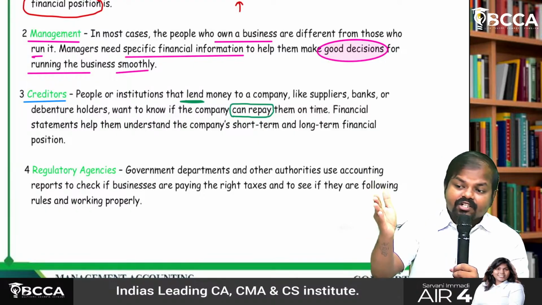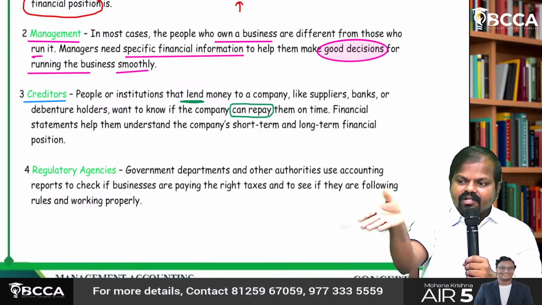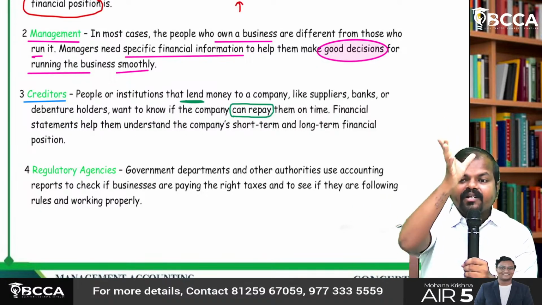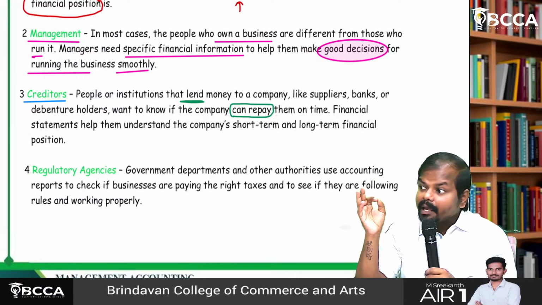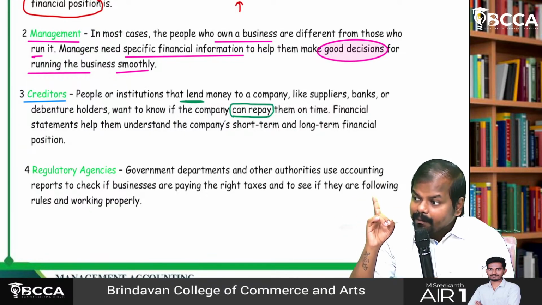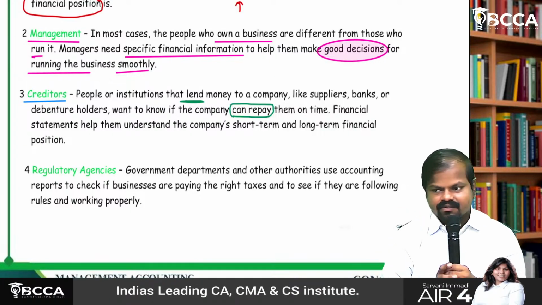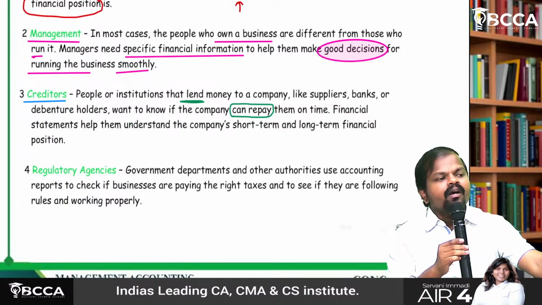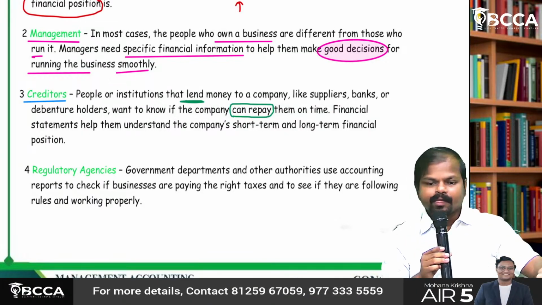What is the expectation of the management? There is no fixed expectation. Based on the situation, specific financial information is required. What is the creditor's expectation? Repayment capability, officially called credit worthiness. Till now clear? Excellent.